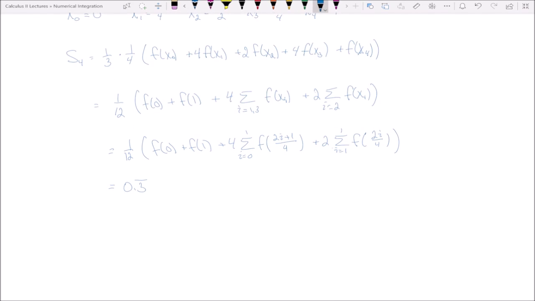So what this is saying is we approximated the integral 0 to 1 of x squared dx as S4. Got it as 0.3 repeating, which is 1/3.